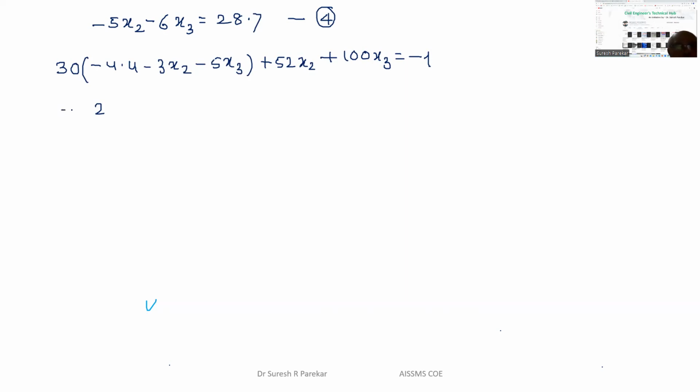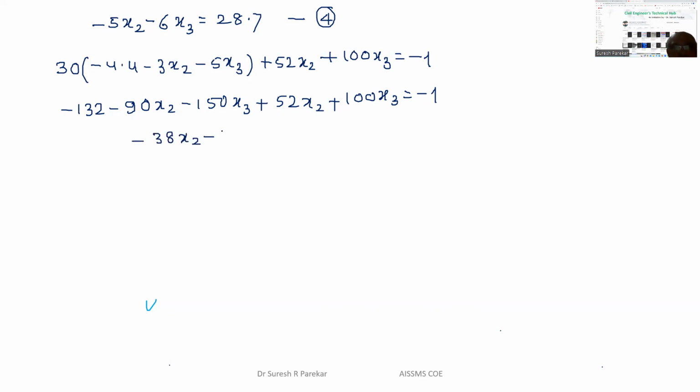So we have minus 132, then minus 90x2, and minus 150x3 plus 52x2 plus 100x3 equal to minus 1. And then 90 minus 52, we have 38, so minus 38x2, then minus 50x3 equal to 131.